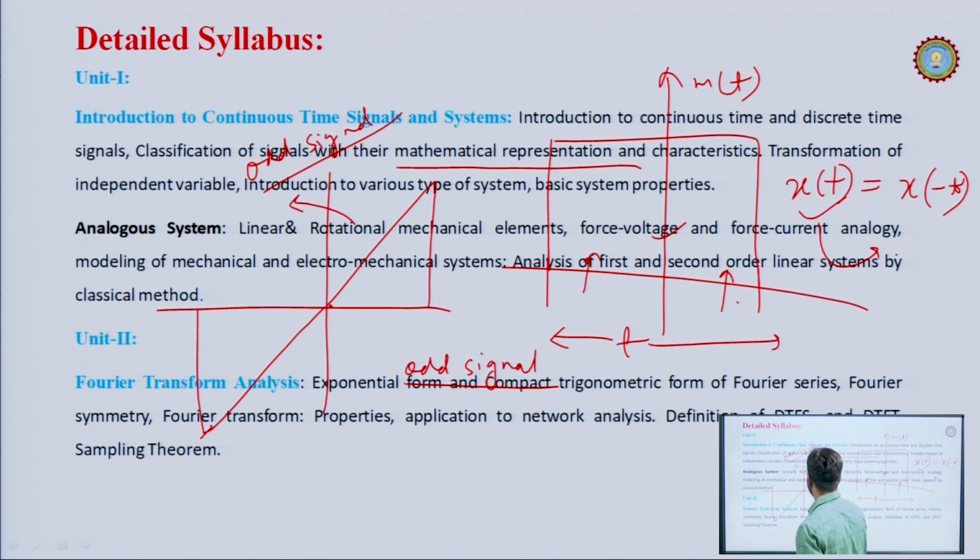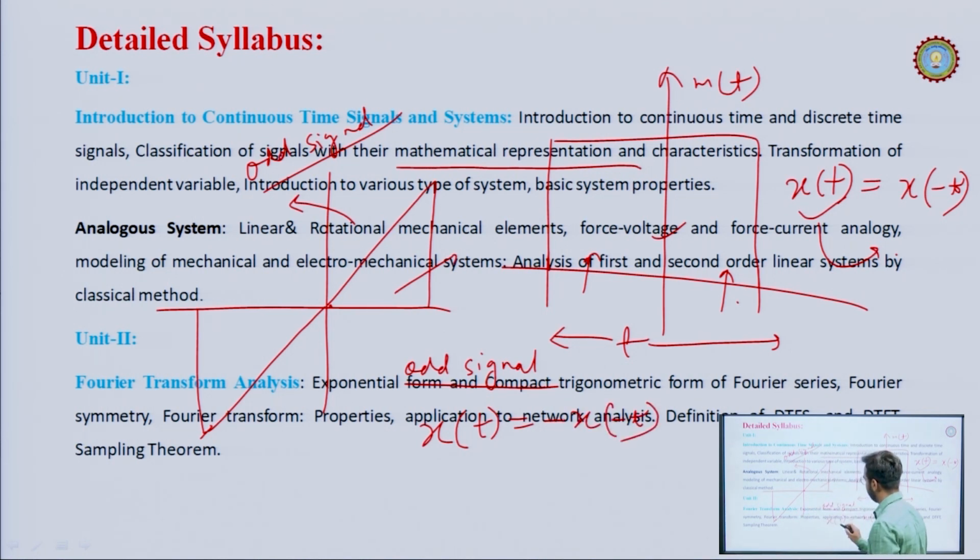See what is happening: whatever the value of the signal in the positive half, in the negative axis the magnitude is just reversed. That means x(t) is equal to minus x(-t).